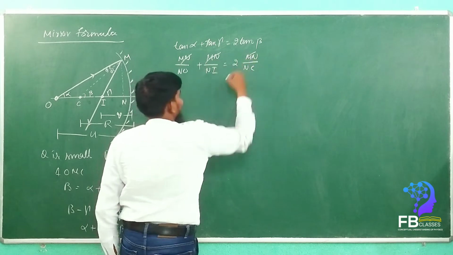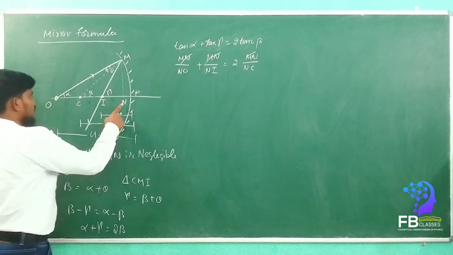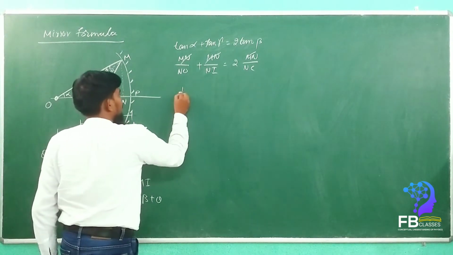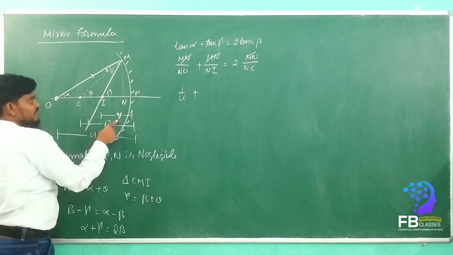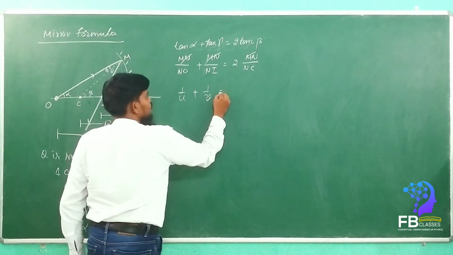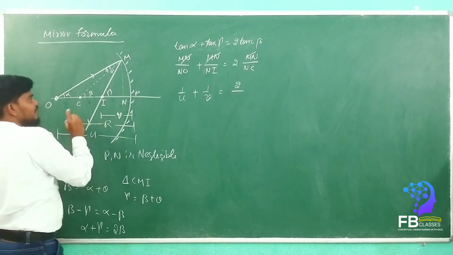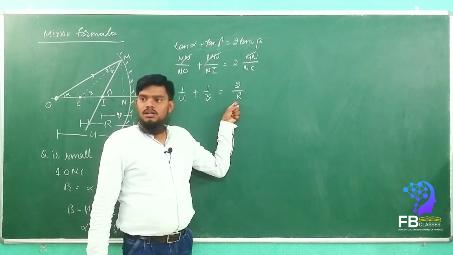So MN gets cancelled. Now see here, NO is nothing but what, my dears? U. Very good. 1 by U plus, see here, NI means V. 1 by V is equal to 2 upon NC. NC is how much, my dears? R. Yes or no? Yes, sir. Are you getting my point?